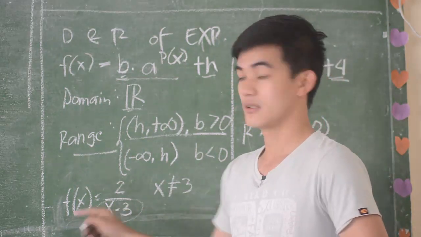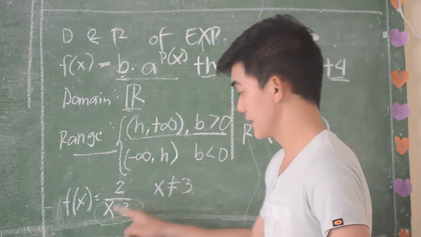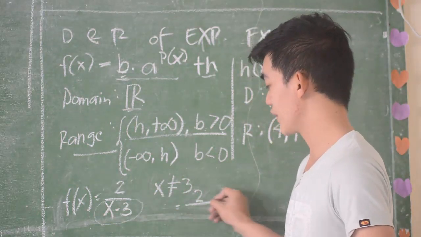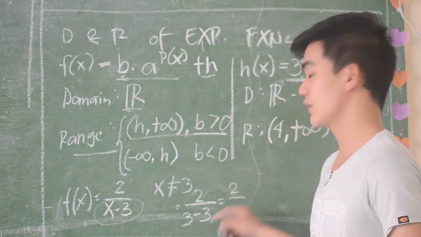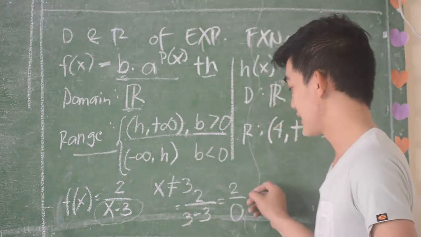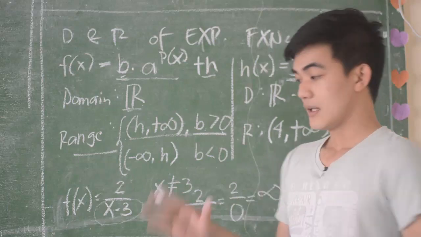This is under rational function. Bakit bawal yung 3 dyan sa ating x? Kasi, pag isa-substitute natin si 3, magiging 2 over 3 minus 3, tama? That will be equal to 2 divided over 3 minus 3 is 0. And we know that a number divided by 0 is undefined or that is infinity.